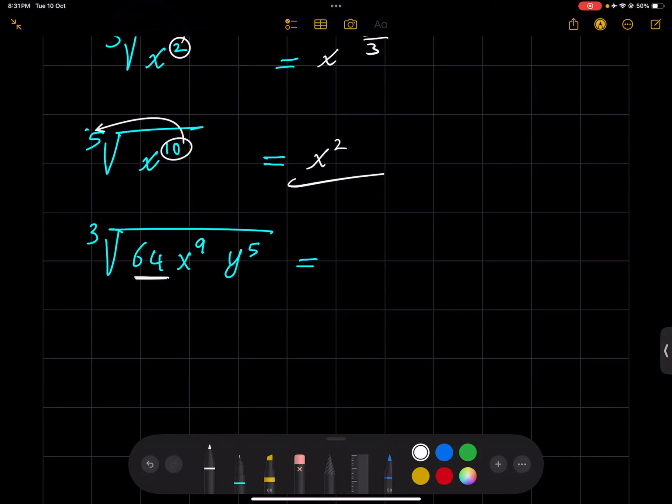The cubic root of 64, I think it's 4. Yeah, exactly. And what about x? 4 x cubed, right? Yeah, x cubed, that's what I meant. Sorry. What about y? y to the 5/3. Yeah, did you get it?